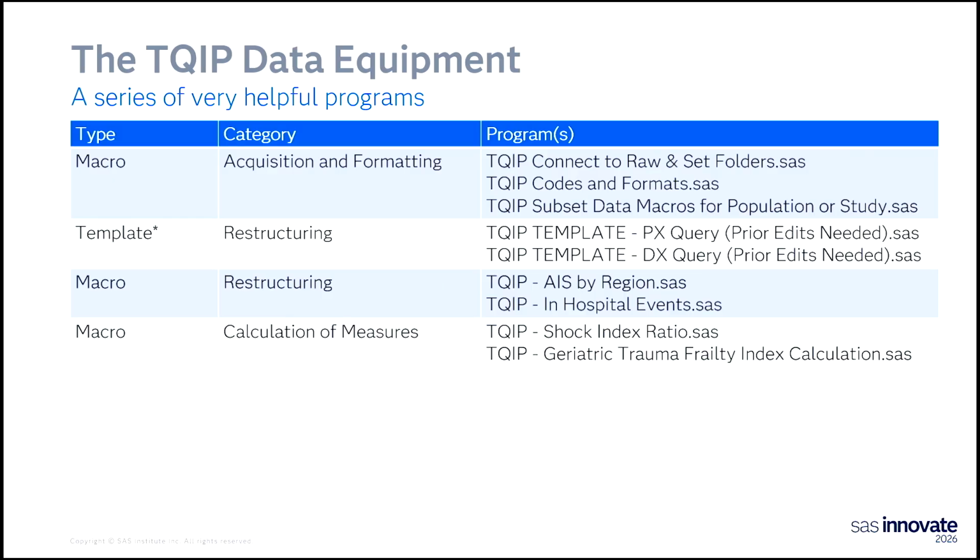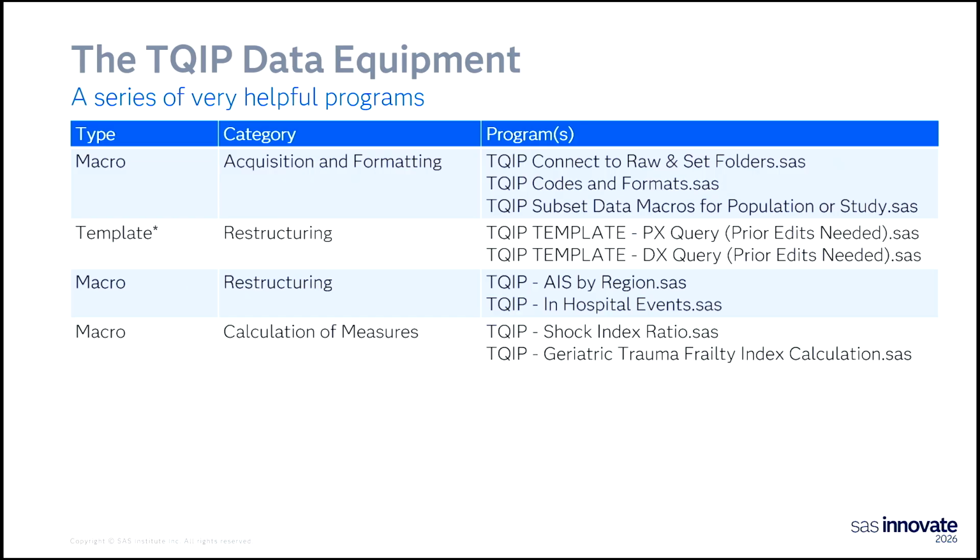That means that you have to make an edit to them for them to work. Things like if you're pulling diagnoses, that second one there, the DX query, the edits that are needed in there is the categorization of codes. So if you're looking for specific diagnoses, you need to tell the program what diagnoses you're looking for.